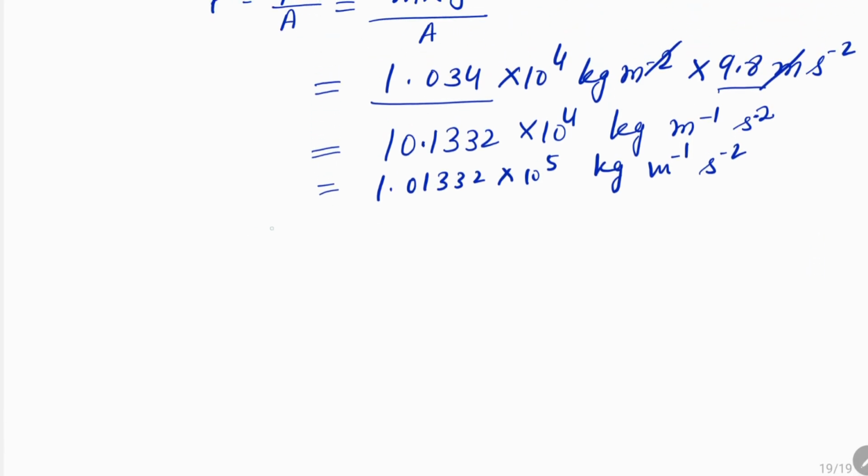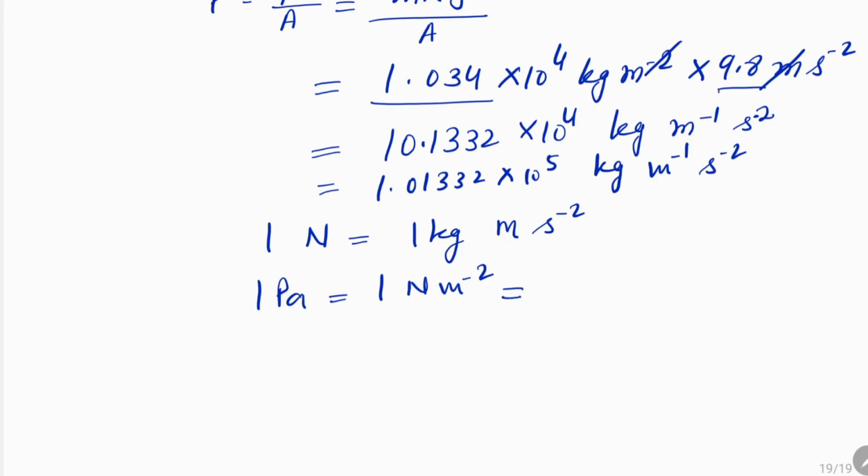We should know one thing, that 1 Newton is equal to 1 kilogram meter second square inverse, and 1 Pascal is equal to 1 Newton inverse meter square. So in kilogram meter second inverse, it becomes 1 kilogram meter inverse second inverse square.